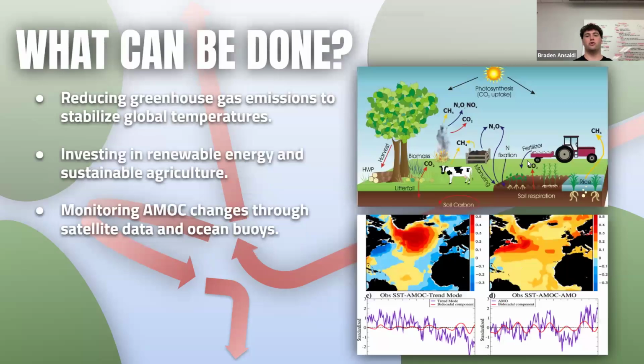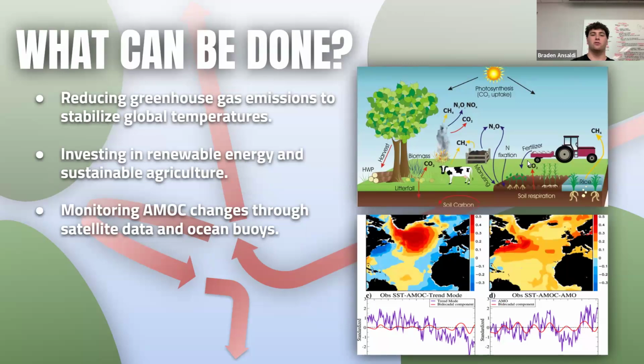So, what can we actually do about this? First, we need to reduce greenhouse gas emissions to slow down global warming. This means phasing out fossil fuels, implementing carbon pricing, and transitioning to renewable energy sources like wind, solar, and hydro. Second, we should invest in renewables and sustainable agriculture to reduce land use emissions and prevent further deforestation, which also contributes to carbon buildup.